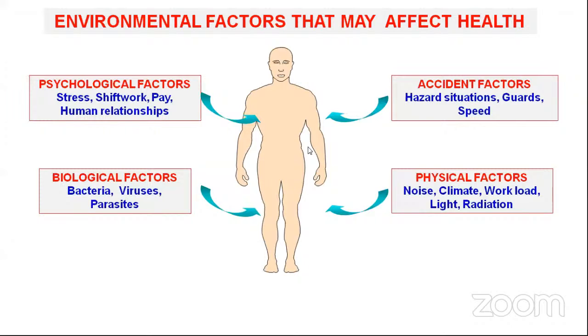Physical factors: noise. My God, noise can upset your digestive system. Noise can upset your blood pressure. It can create sleeplessness. It is such a nuisance factor which nobody likes, right? Climate, workload, light, radiation, heat, cold, air velocity, humidity.